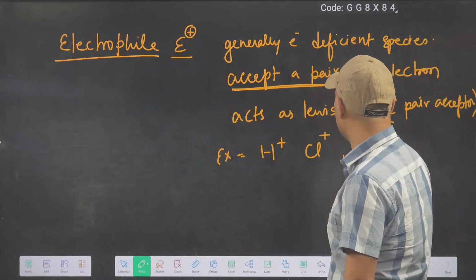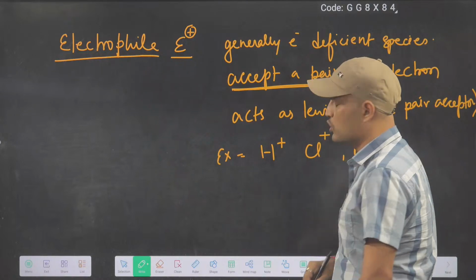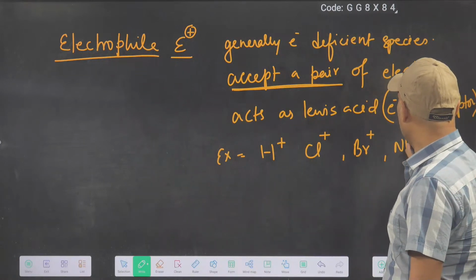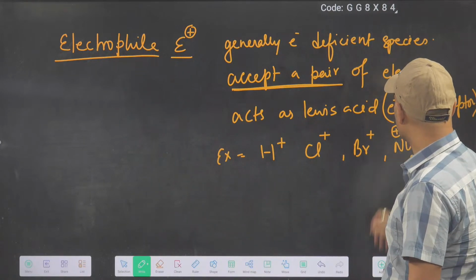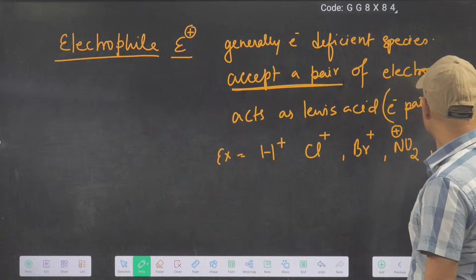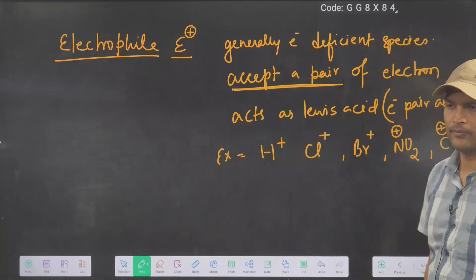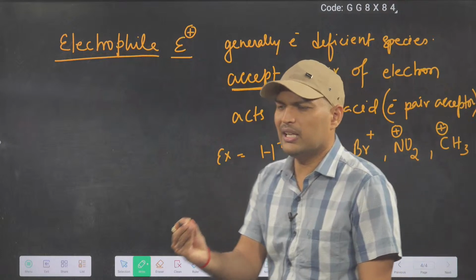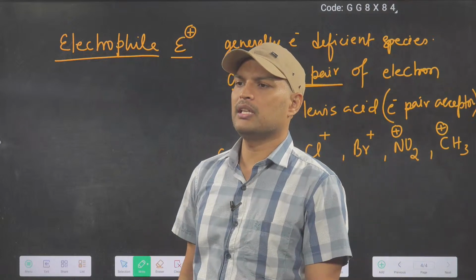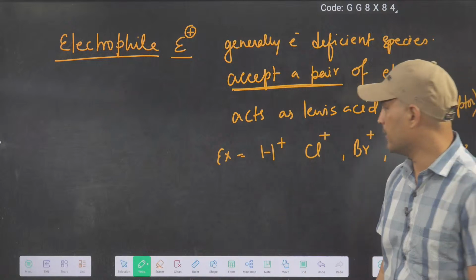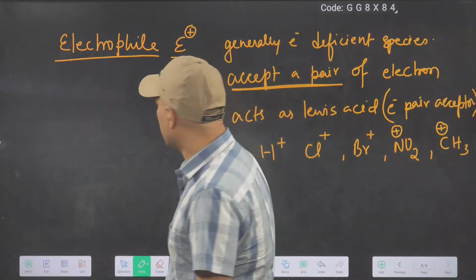Cl plus, Br plus, all the halogens you can write like this. NO2 plus, CH3 plus are electrophiles. So we have written only a very limited set. Clear? Why I am telling you this, I will tell you, don't worry.